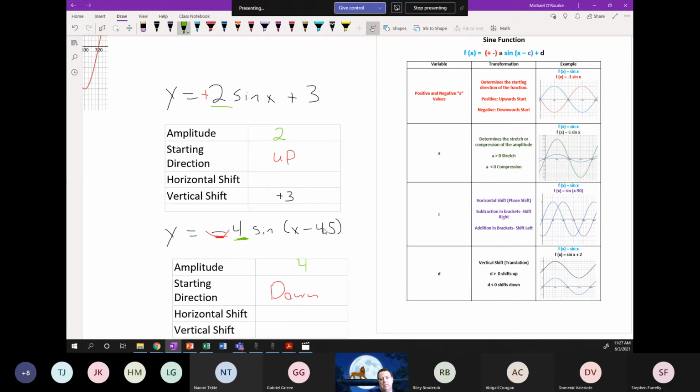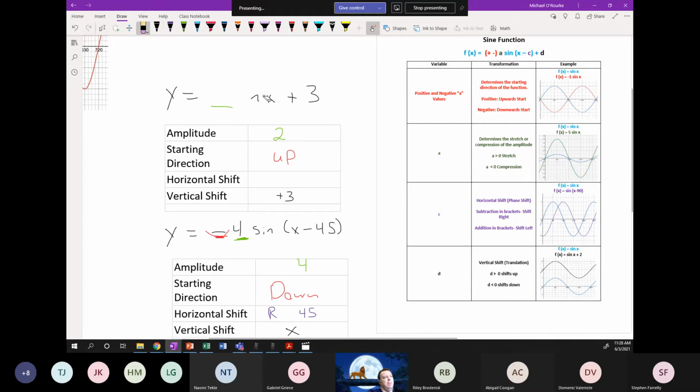So if we look inside the brackets to the purple part, horizontal shift. It's a subtraction, we shift right. So this here would be we go right 45. And we don't have a vertical shift here, so we have no vertical shift. There's nothing here.